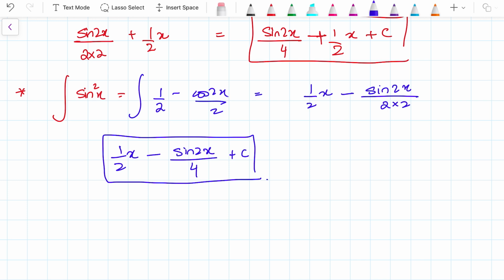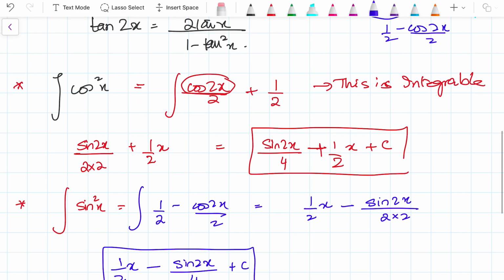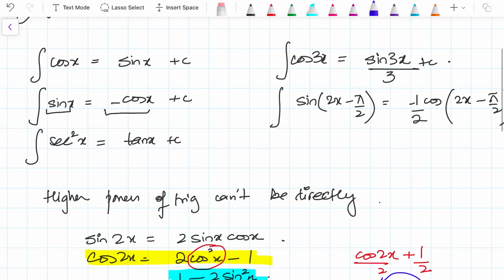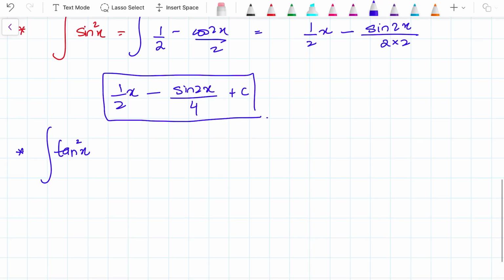Now, let's suppose we have to integrate tan square x. For tan square x, we don't really have a direct identity, because we can't integrate tan directly; we don't have an integral of tan here. So if you remember the trigonometric identities, it's 1 plus tan square x equals to sec square x. Can you make tan square the subject?